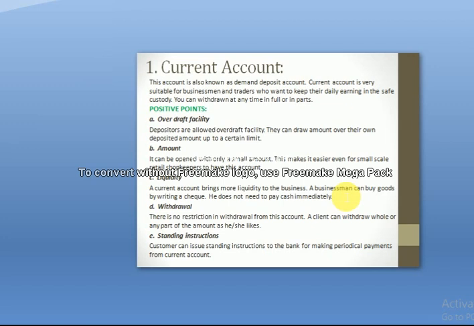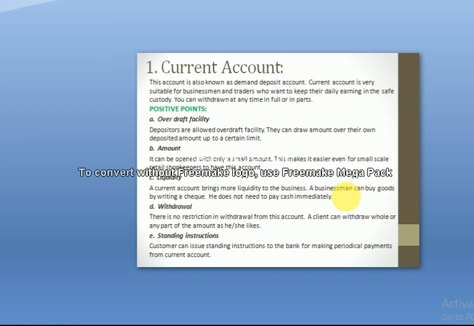This is another benefit. Look here, students. Standing instructions means that, let's suppose I am an account holder and I tell the bank that monthly, at the end of each month, pay my electricity bill, pay the fees of my family members.